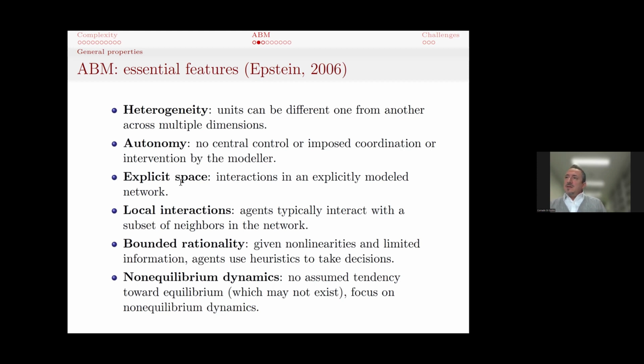We have a network that is explicit. Even in agent-based models that are not explicitly network models, we have interaction among agents. So for example, even in a model that doesn't have direct interactions, agents evolve, so there is indirect interaction. So anyway, a network is implicitly defined.